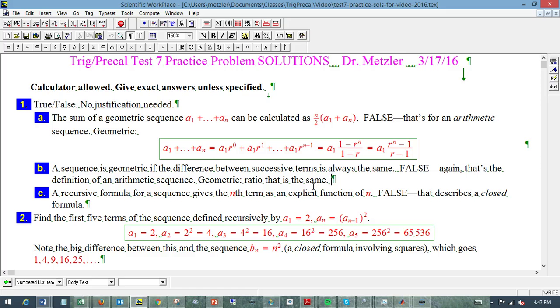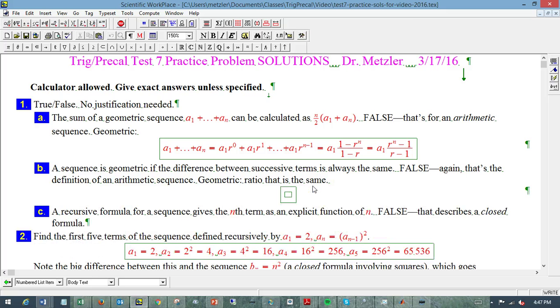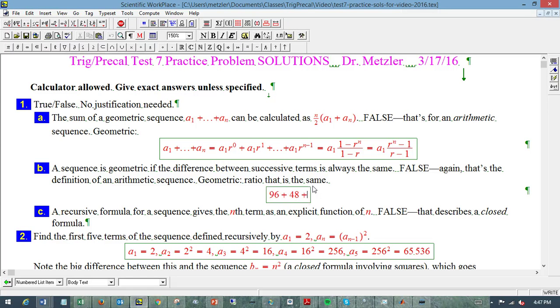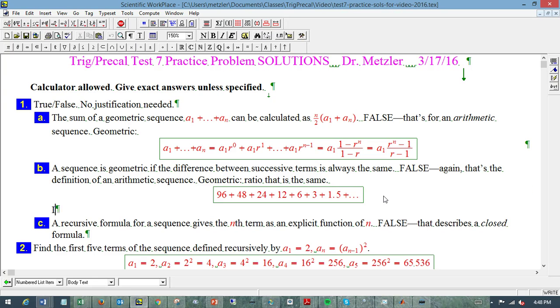One tricky thing, apropos of that, if you have, let's say, 96 plus 48 plus 24 plus 12 plus 6 plus 3 plus 1.5 plus dot dot dot, that is a geometric sequence because the ratio is always the same, and you could ask, is r equals 2?